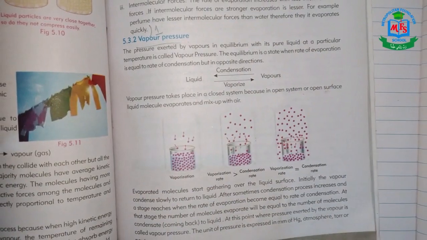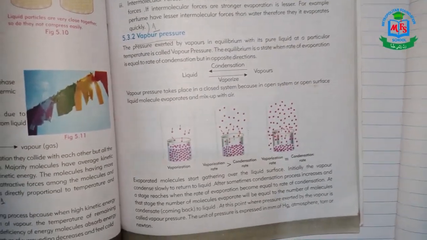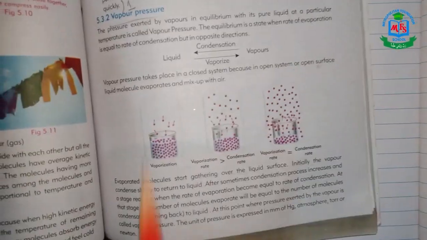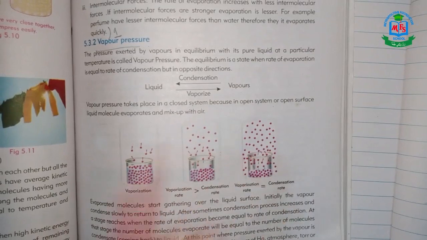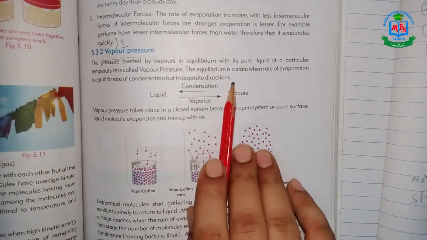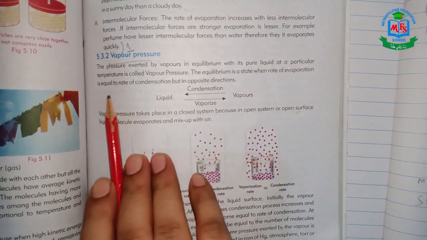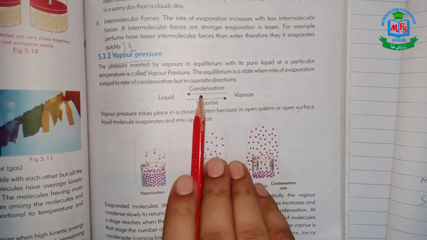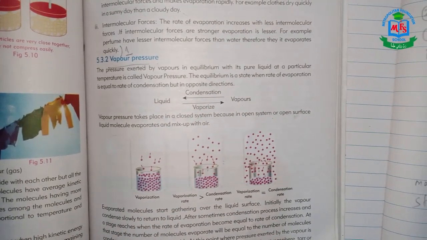Vapor pressure is the pressure exerted by vapor in equilibrium with its pure liquid at a particular temperature. Equilibrium is a state when the rate of evaporation is equal to the rate of condensation, but in the opposite direction. Students, is that clear?